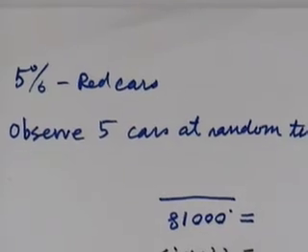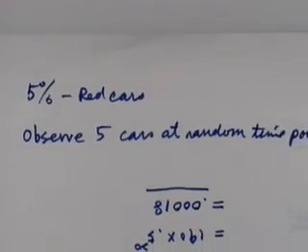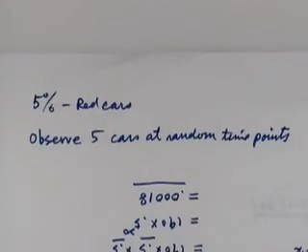You're going to observe 5 cars at random time points. So this is like randomly selecting 5 cars. What's the probability that 2 of them are red cars?